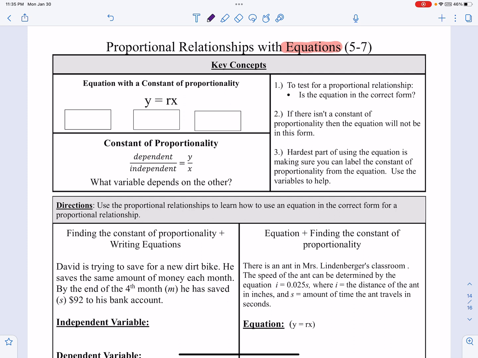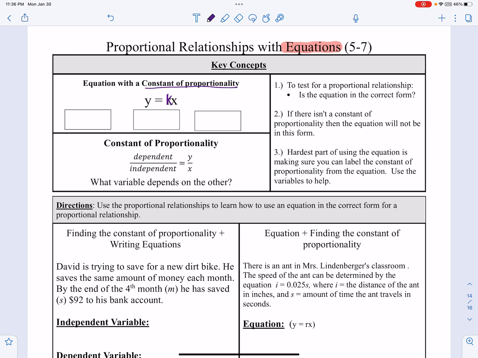So remember that a constant of proportionality is just a fancy name for what are you multiplying by X to get to Y. Okay, what is that number or your multiplier? And so our equation is going to be, and I want you to change this to a K, Y equals K, which is going to represent your constant of proportionality, times X.